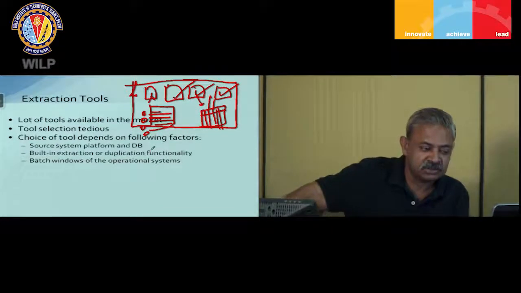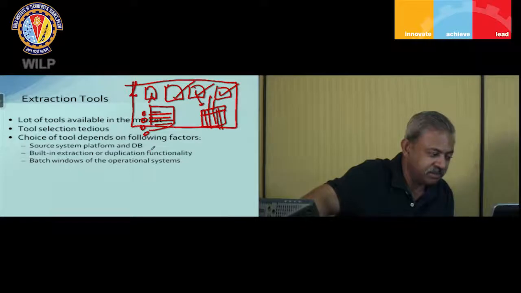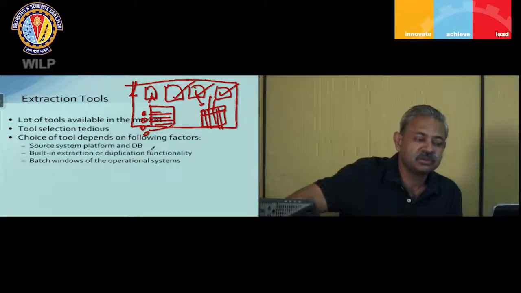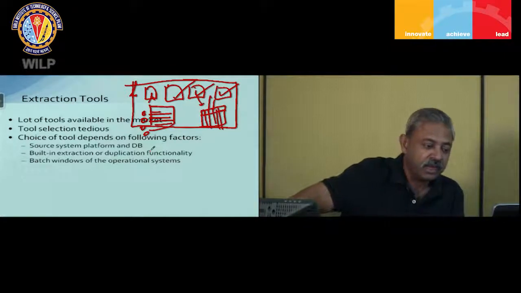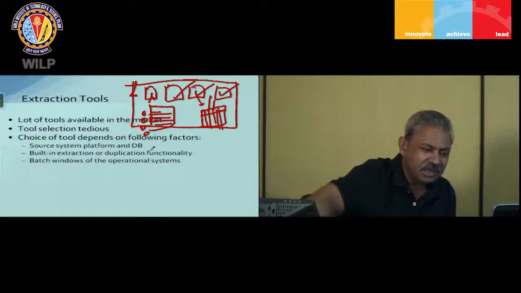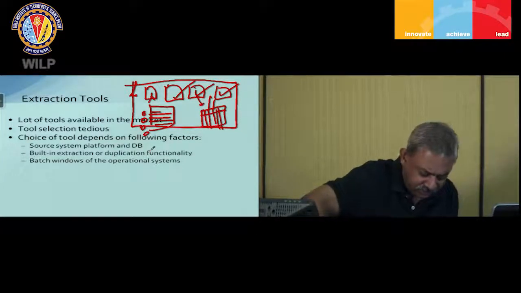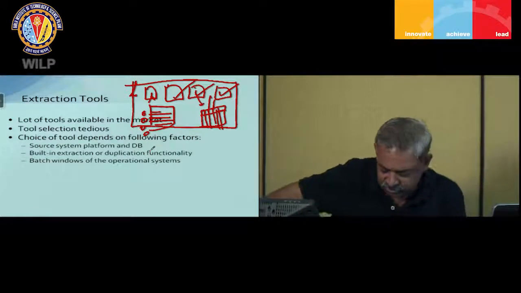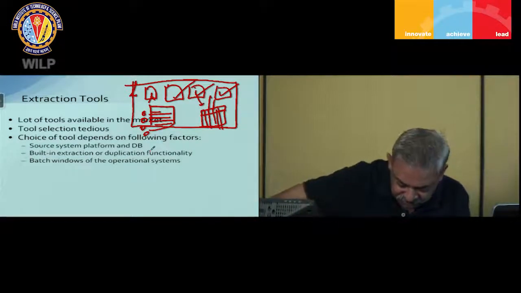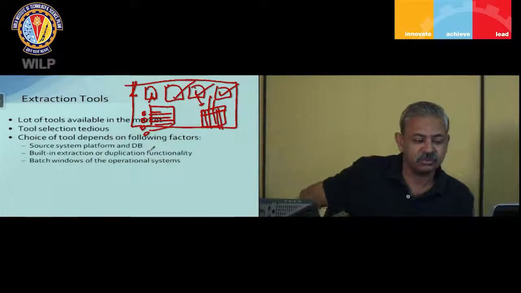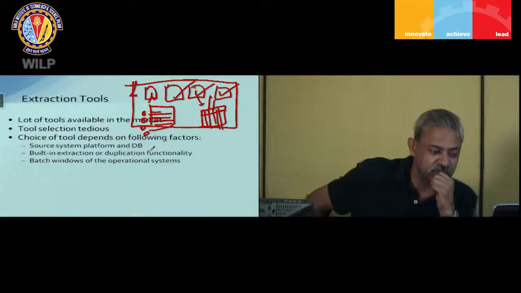Because ETL tools come in different shapes and sizes, tool selection becomes really tedious. But there are some guidelines, some features of every ETL tool that you must always look into before investing in one.